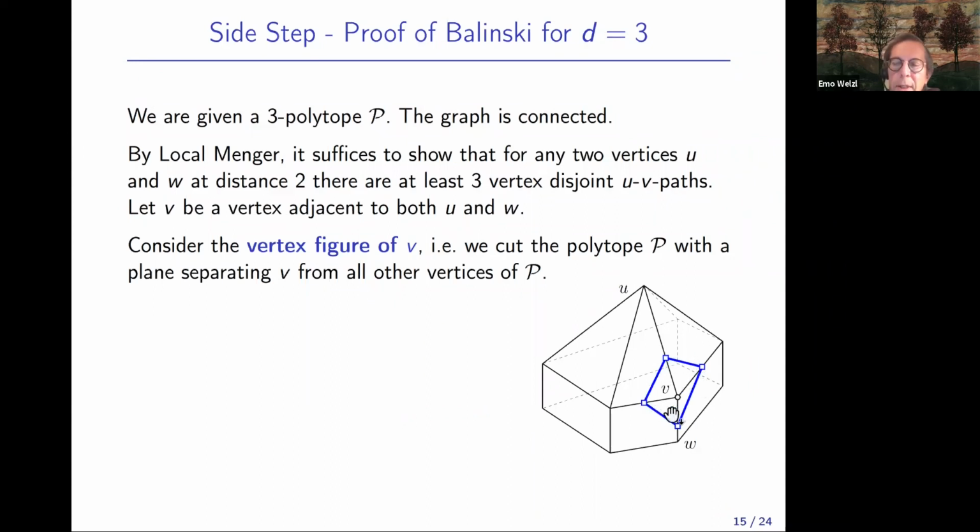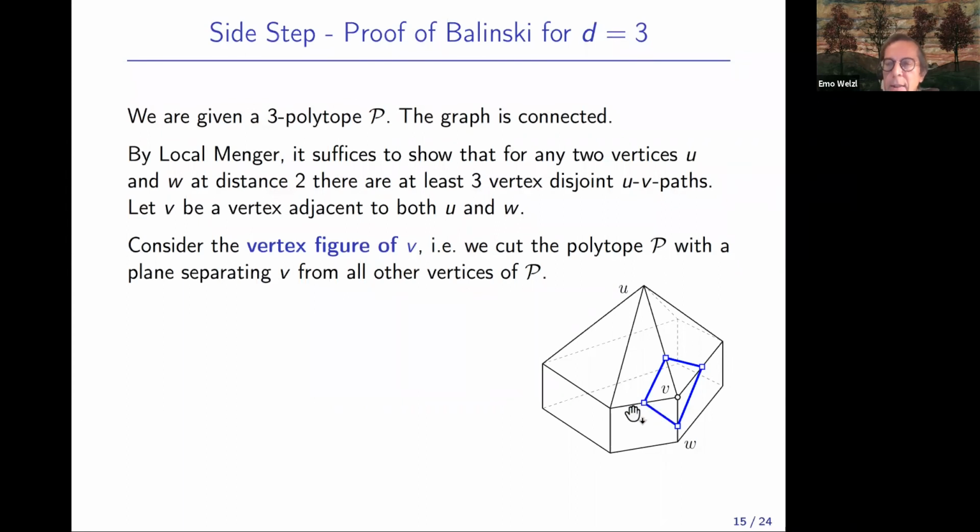So you take a plane which has V on one side and all the other vertices of the polytope on the other side, among others, definitely U and W. What you get by intersecting the polytope with this plane is a convex polygon. So you get a polytope of one dimension smaller.